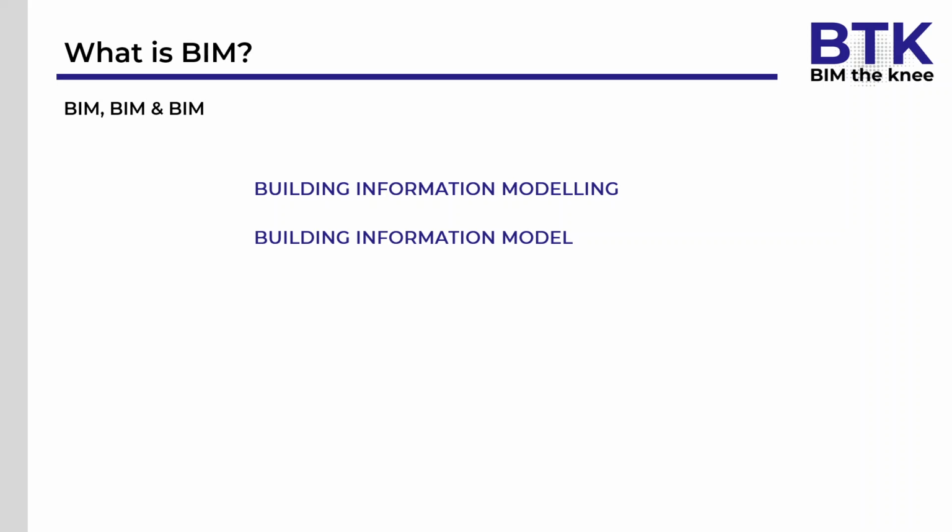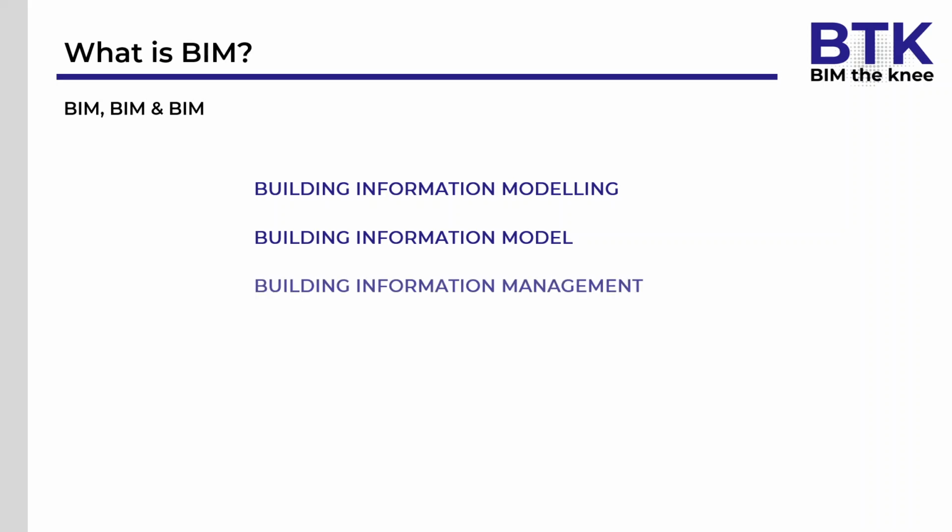BIM is the acronym for three different terms. The first one is the one we have seen, building information modeling, that is the process itself. But also building information model, which is the content being created as a result of the process, also known as PIM, Project Information Model.